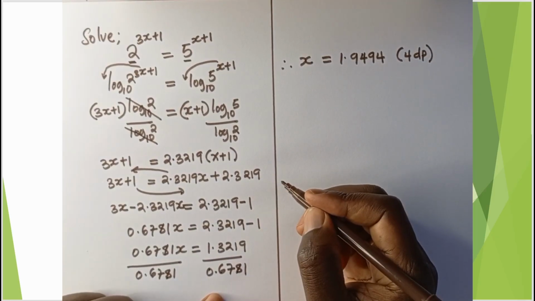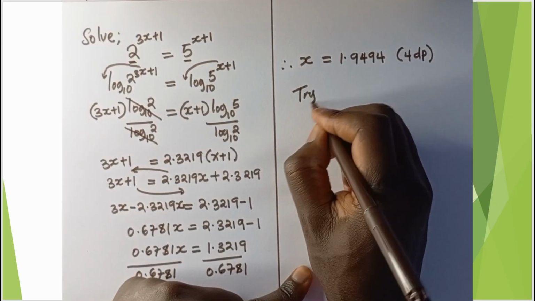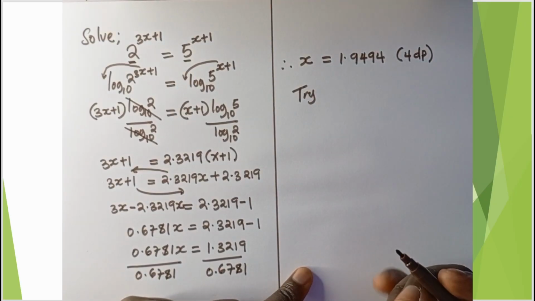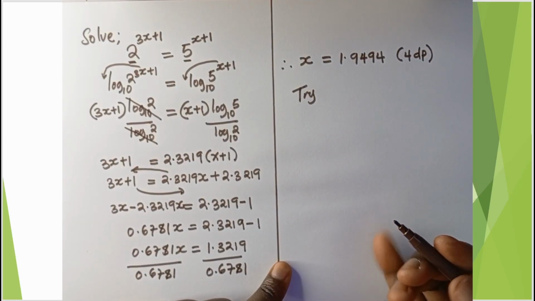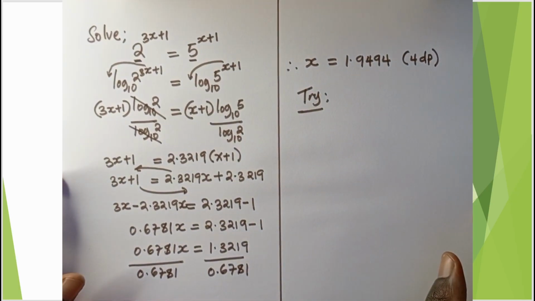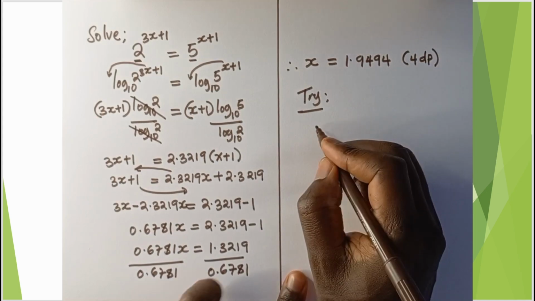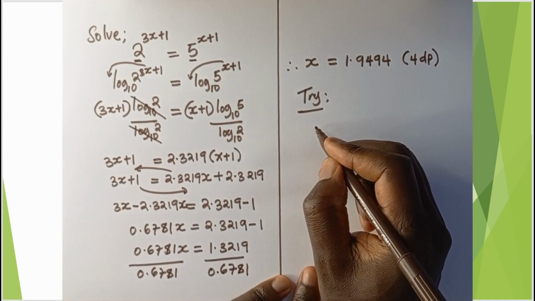Now, after having this value of x, before we go to the next categories of solving logarithmic equations, I want you to pause this video and try this out. You write your answer in the comment section, so that you also gain practice.